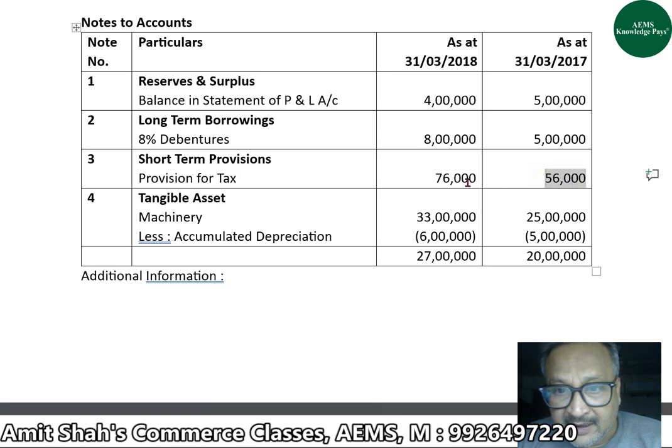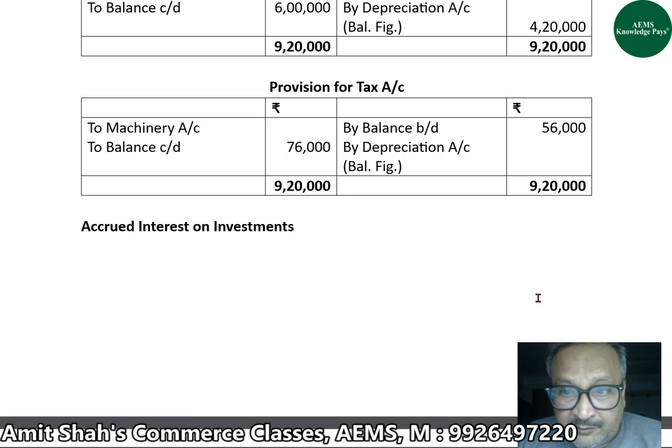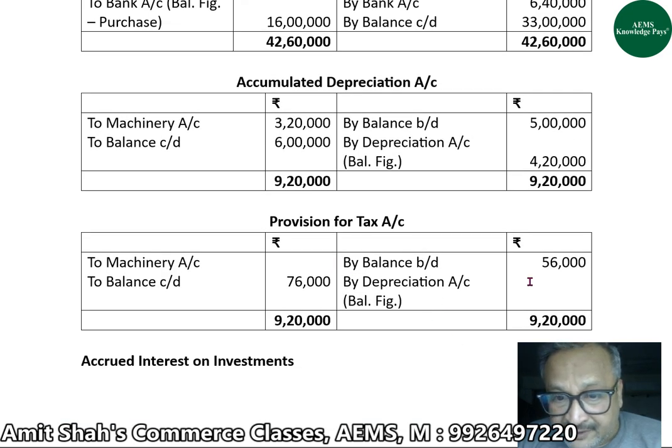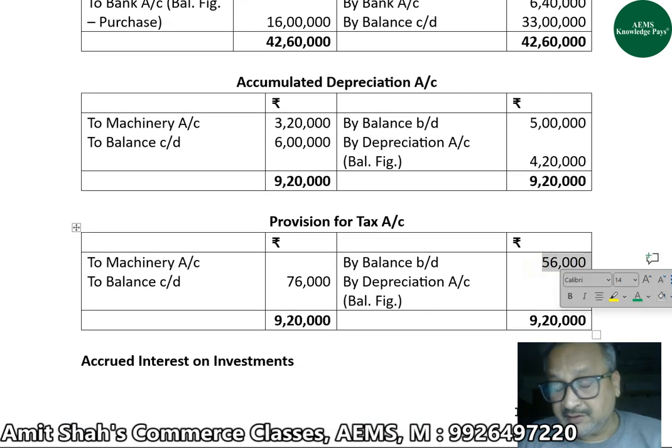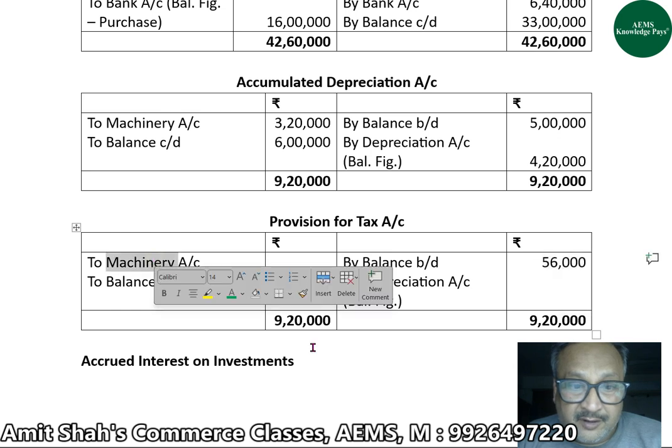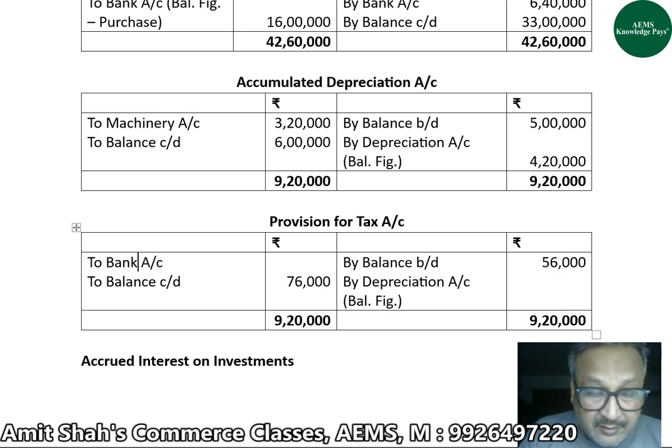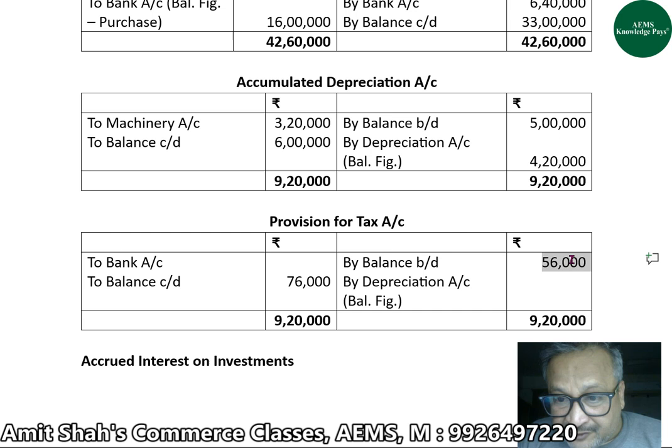So I have taken opening and closing balance of provision for tax account, 56 and 76,000. Now in the absence of any information, what is considered is that the tax liability which is coming from the previous year was paid during the year. It means this 56,000 tax which is coming from the previous year has been paid during the accounting year 2017-18, and that is why it will come on the debit side of provision for tax.